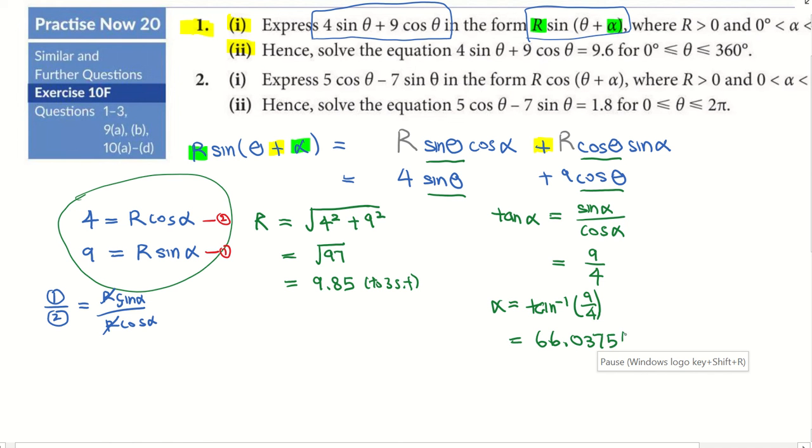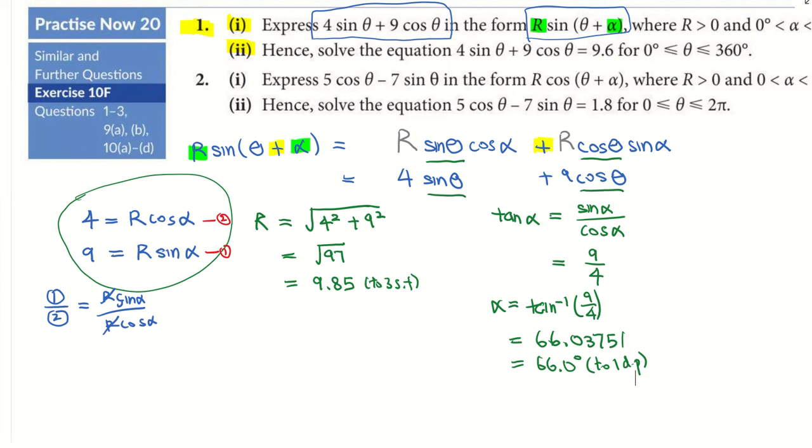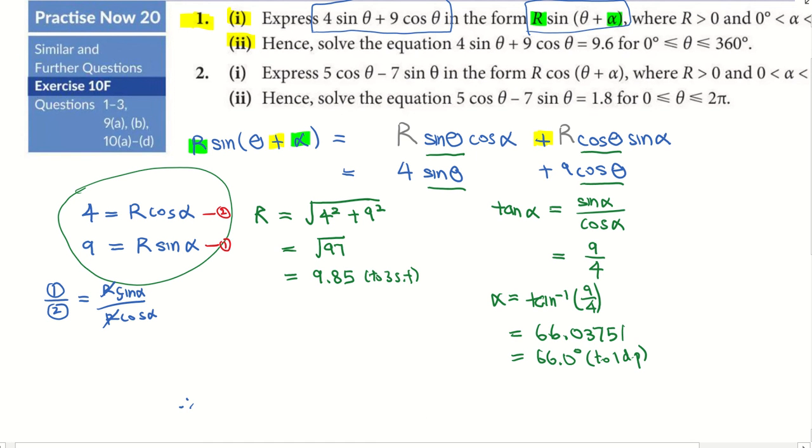So this is my alpha, 66.0 to 1 decimal place. Not done yet, final step. Let's write the R formula: 9.85 sine theta plus 66.0 degrees.